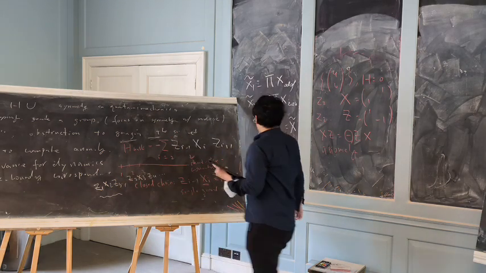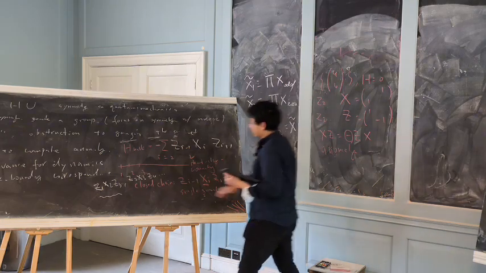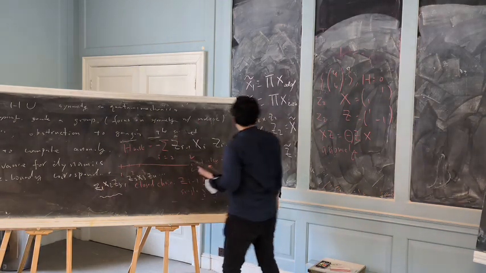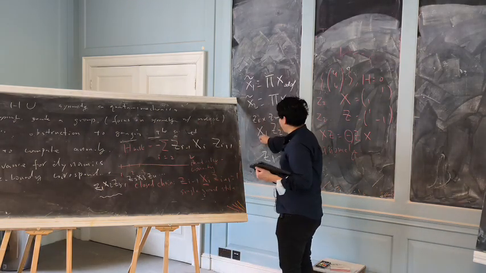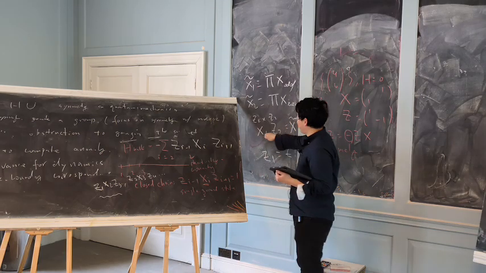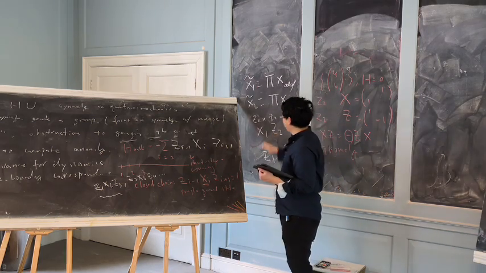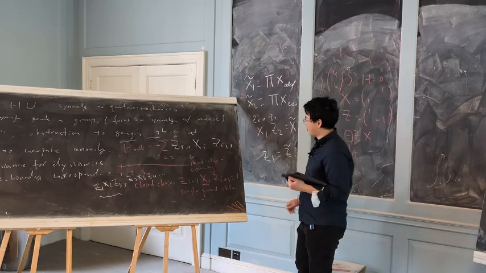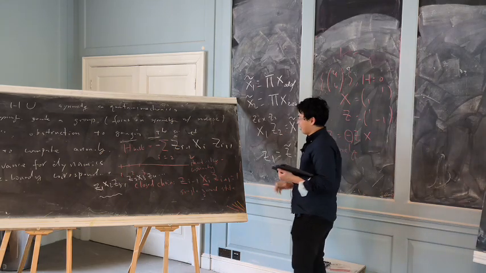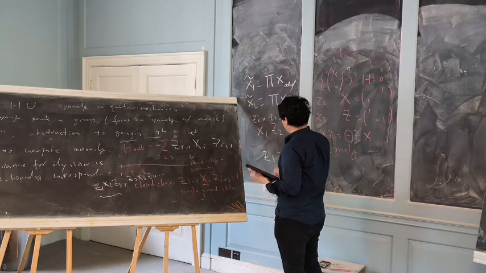In the first term there's a z1 and x2, and the symmetry operator has an x1 and z2. Because there are two pairs of x and z, you can use the commutation relation between x and z and check that they commute with each other.